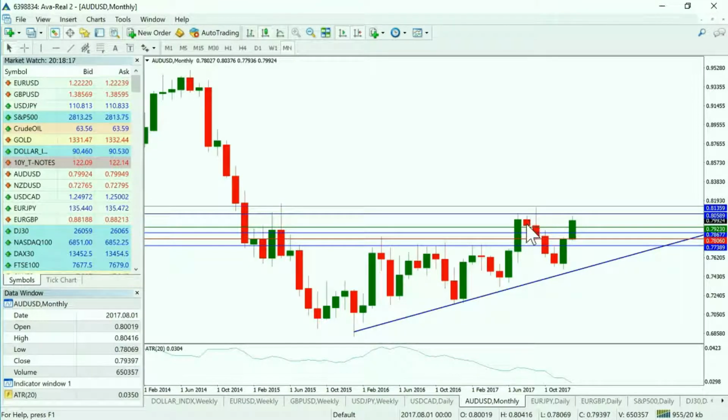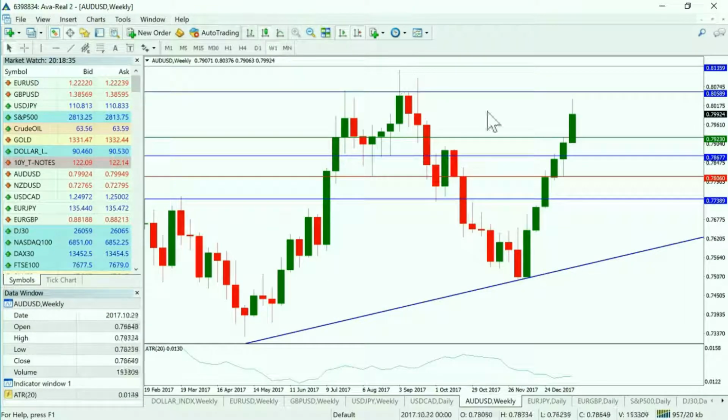We can have a look at the open of that 80-100 level, and we can see that the close is just below the 80-100 level. So that 80-100 level is a very important level, just by the open and close of these 3 monthly timeframes. So we're right to be focusing around what's happening at these levels.